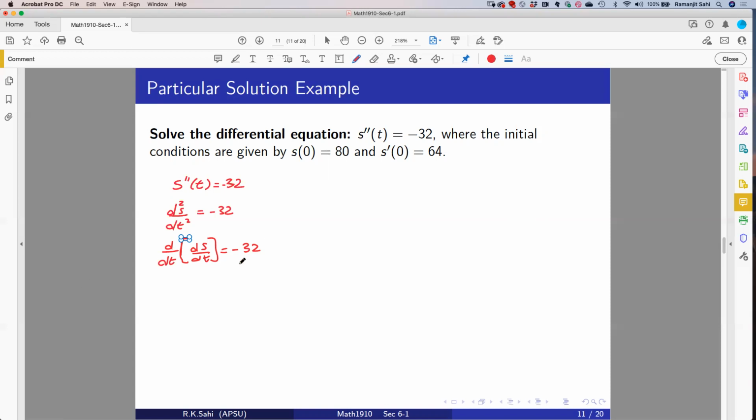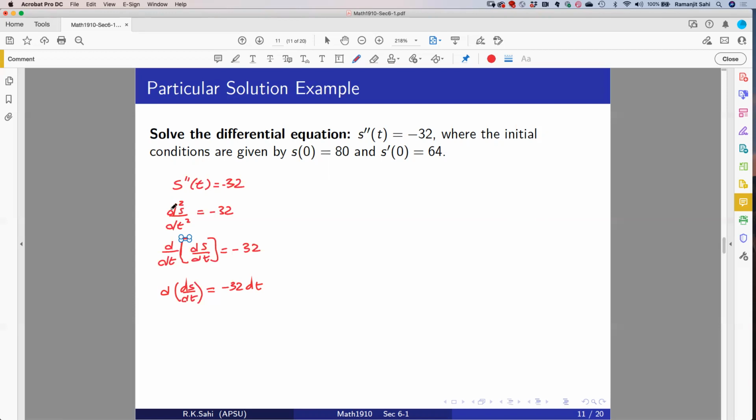We can write this as the differential of ds over dt. Again, it's a differential of a differential, and we're writing it as an equivalent differential form, equals -32 dt. Now remember, we want to get rid of these differentials because our solution is basically s.